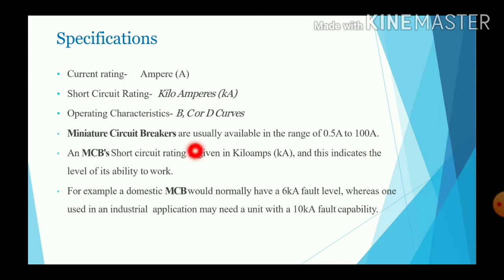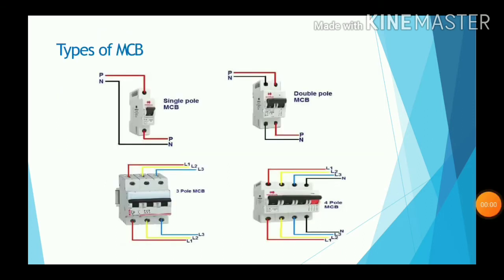And the MCB's short circuit rating is given in kilo ampere and this indicates the level of its ability to work. For example, a domestic MCB would normally have a 6 kilo ampere fault level, whereas one used in an industrial application may need a unit with 10 kilo ampere fault capability.